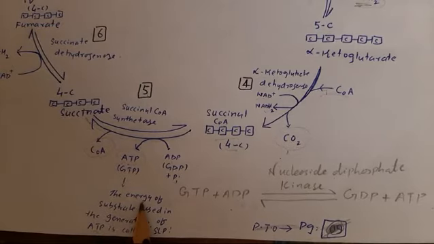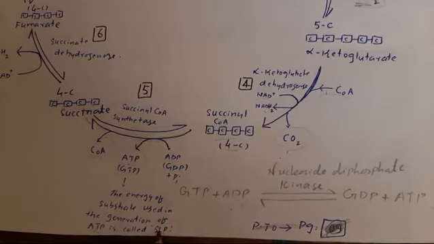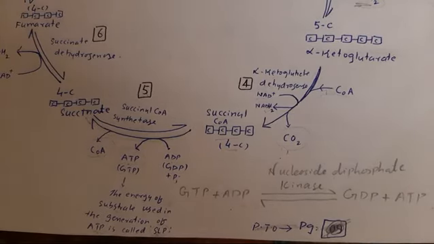This energy comes from the oxidation of the substrate. So this synthesis of ATP is called substrate level phosphorylation.